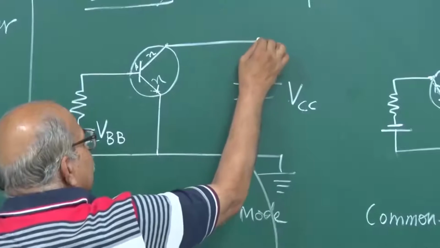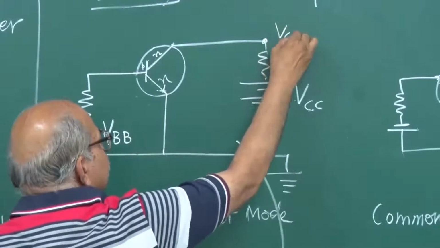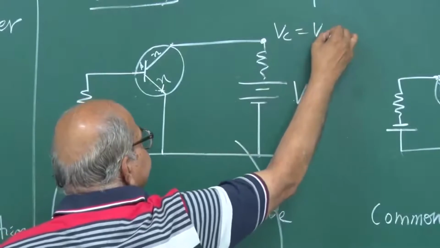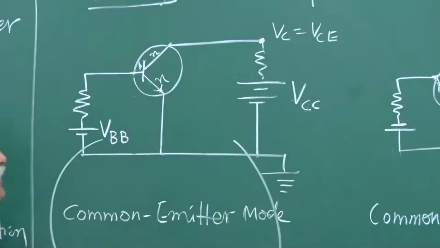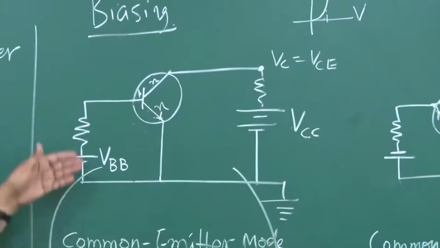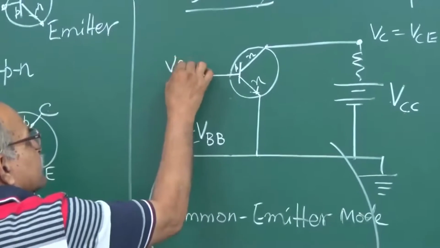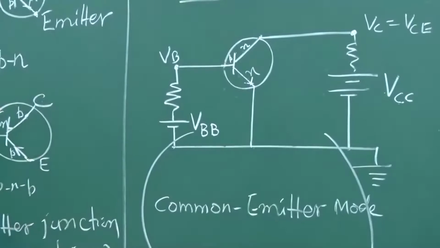This potential as compared to this 0 is VC, which is in fact the same as VCE. So normally people do not use this, normally people use this, and similarly VB will mean the potential here. So these are the kind of symbols.